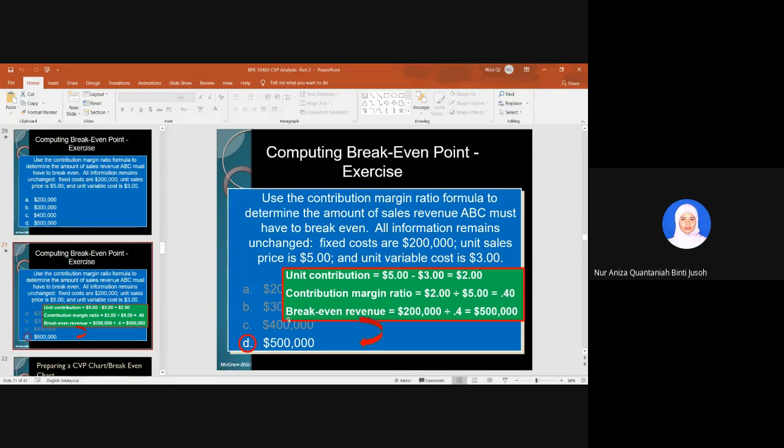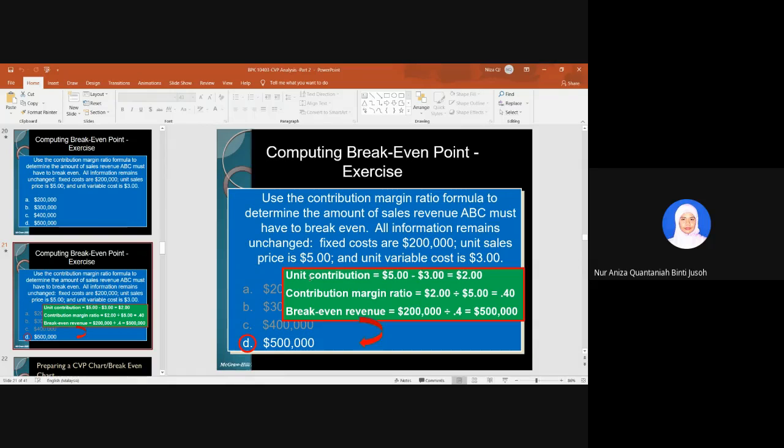Now you can get the BEP in two forms, dalam dua bentuk. Satu, if you want to find the BEP in units, pembawah dia, denominator ke apa? Yang bawah fixed cost tu contribution margin per unit. Now, if you want to find the BEP in dollars amount, you can use the CMR.